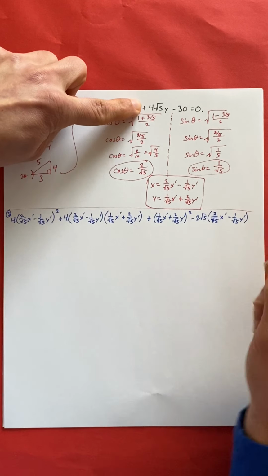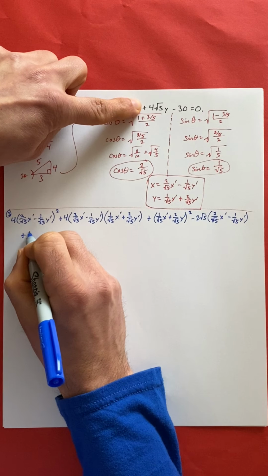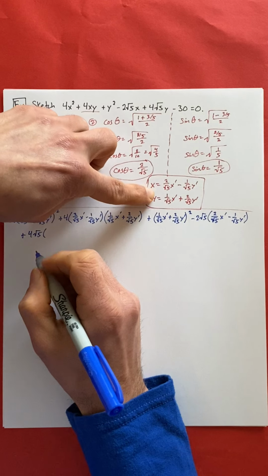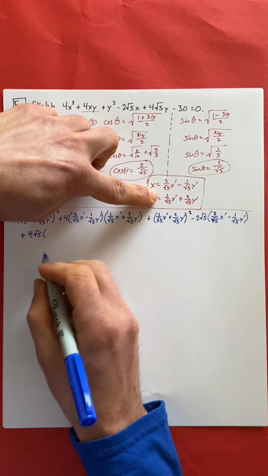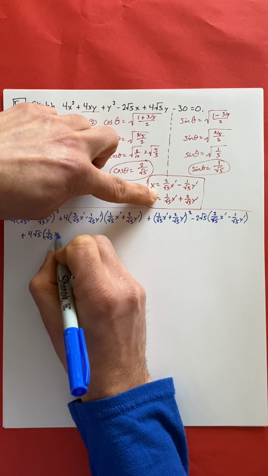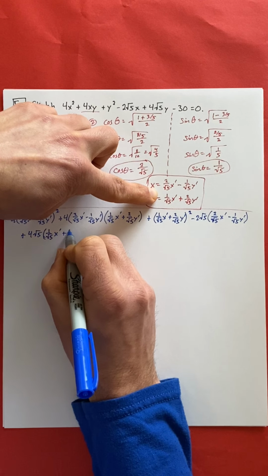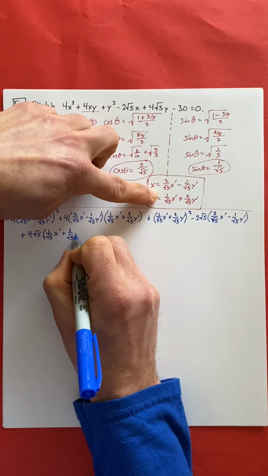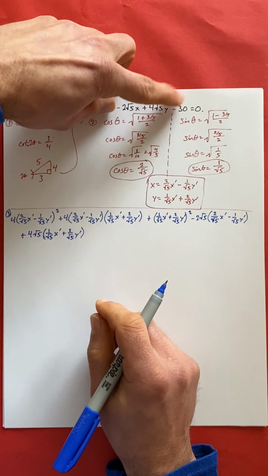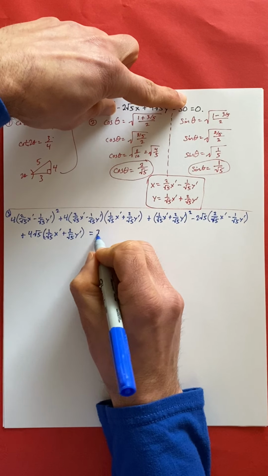Next is plus, and I'm running out of room, so I'm going to spill over to the next line, plus 4 square roots of 5 times y, which is the bottom one. So it's 4 square roots of 5 times the quantity, 1 over the square root of 5 x prime, plus 2 over the square root of 5 y prime. And then to finish off my equation, it's minus 30 equals 0, or I'm going to say equals 30.